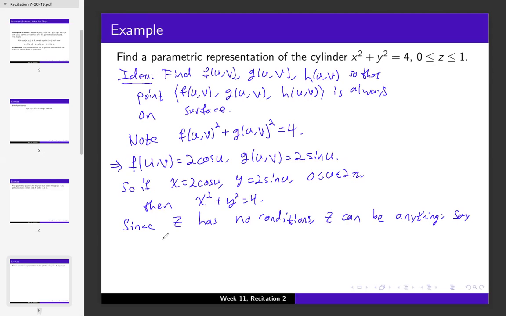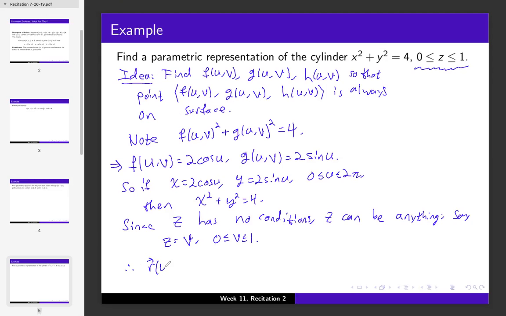And let's say, for example, that z is going to be just v, for values of v between 0 and 1. Why is it between 0 and 1? Well, that has to do with the fact that z is between 0 and 1. So if z is equal to v, then v has to be between 0 and 1. So that'll do the trick.